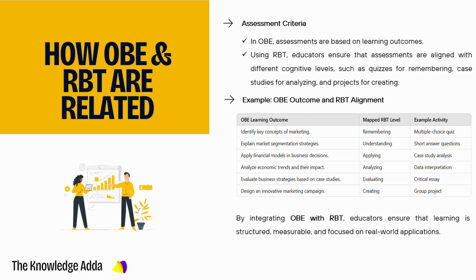Identify key concepts of marketing is mapped with the remember RBT level, explain market segmentation relates to understanding, apply a financial model is applying, analyze economic trends is analyzing, evaluate a business strategy is evaluating, design an innovative marketing campaign is creating. So by integrating outcome based education with RBT, educators ensure that learning is structured, measurable, and focused on real world application.